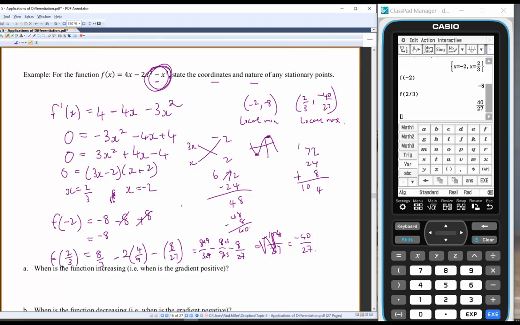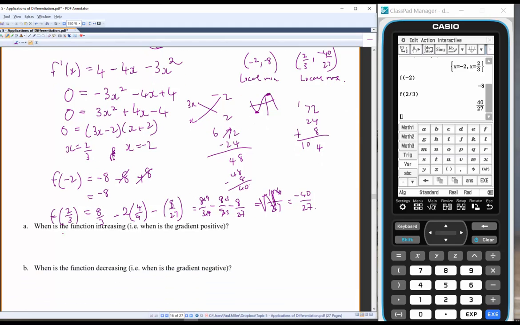All right, so let's just check out the next part here. We're looking at when is the function increasing. Because it goes like this, and I don't know whether this is the overall shape, let's just say that it is -2 and 2/3, it's going to increase between there and there. Now this is actually saying when is the gradient positive, or when is f dash x greater than 0.